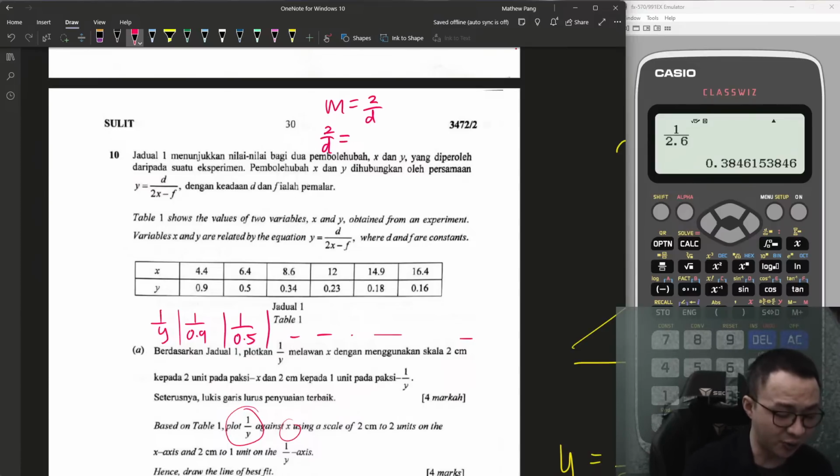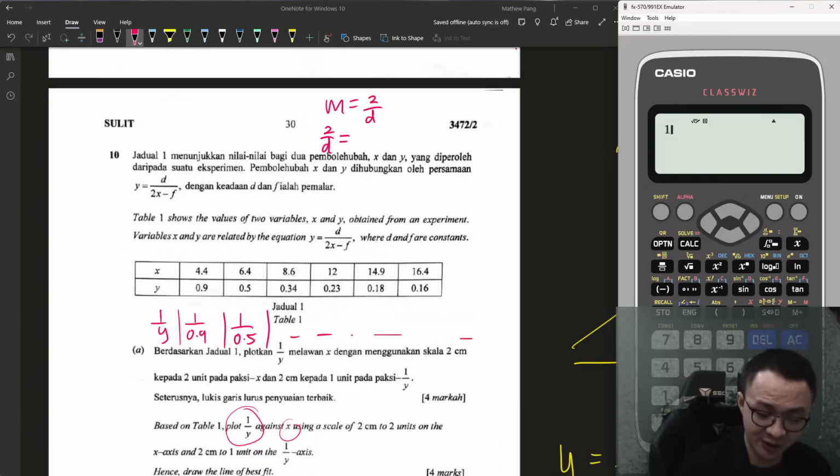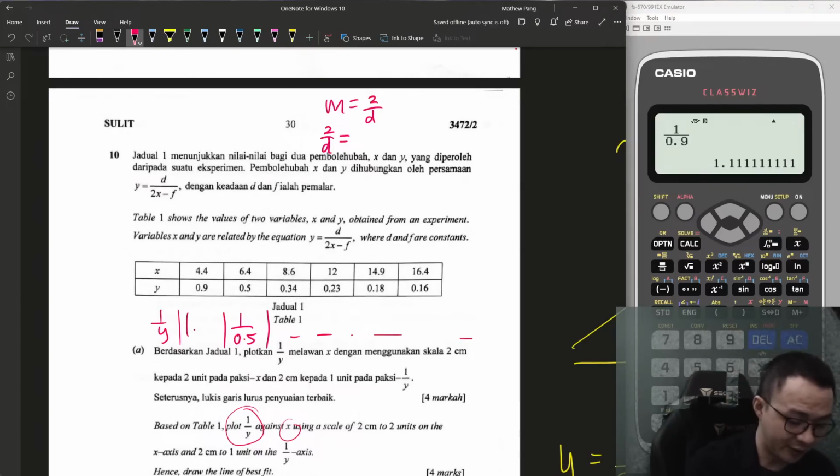I just take any 2 coordinates, let's say I take the first 2. So what is 1 divided by 0.9? Okay, this is 1.11. This is 2, right? So I will say 2 minus 1.11 over the x, which is 6.4 minus 4.4.